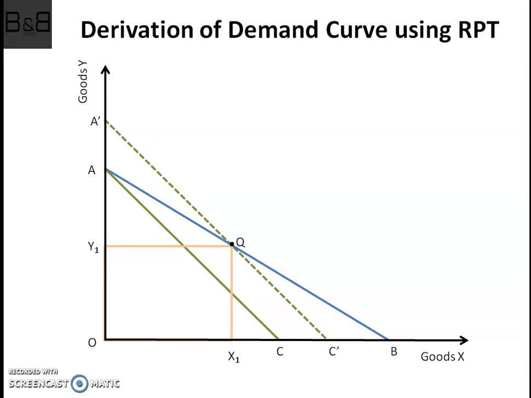The consumer is not going to choose any bundle that lies on the section Q C dash simply because it was revealed inferior earlier. So the consumer will either continue consuming the same quantity of goods X or choose any other bundle that lies on the upper section, that is A dash Q on the new budget line A dash C dash.